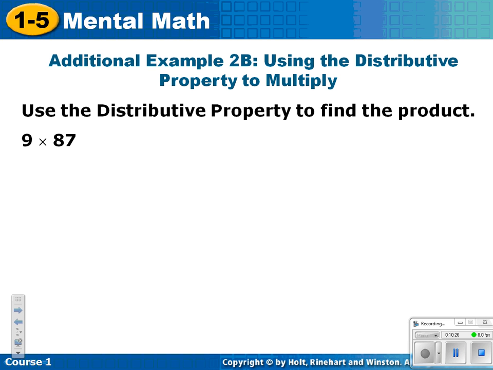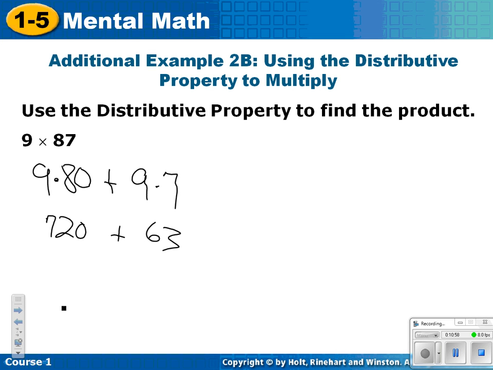Patrick. 9 times 80 plus 9 times 7. 80 because that 8 is in the tens place, 7 because that's in the ones place. 9 times 80 is 720. 9 times 7 is 63. Add them together, 783.